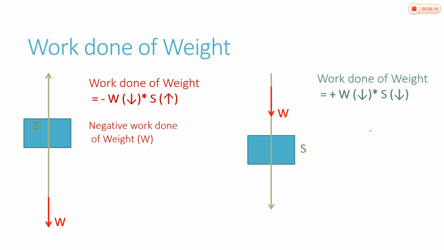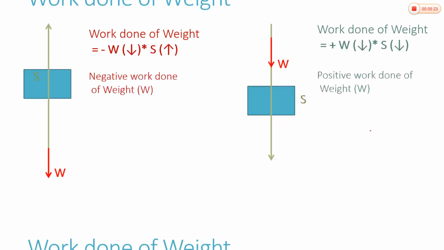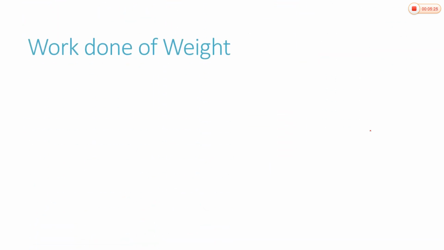These are the cases where the weight is displaced in the vertical direction. So what if the block moves on an inclined surface? How are we going to find the work done for it?